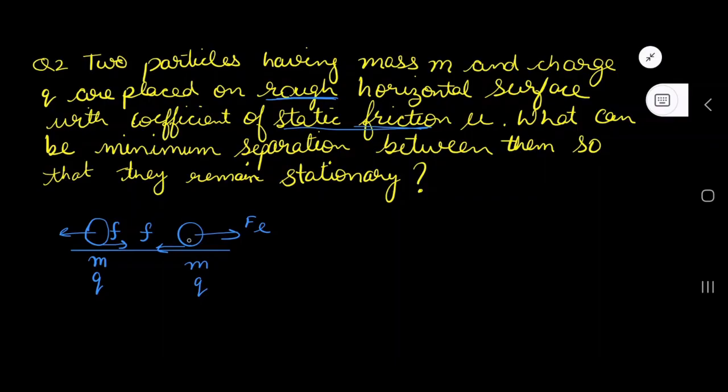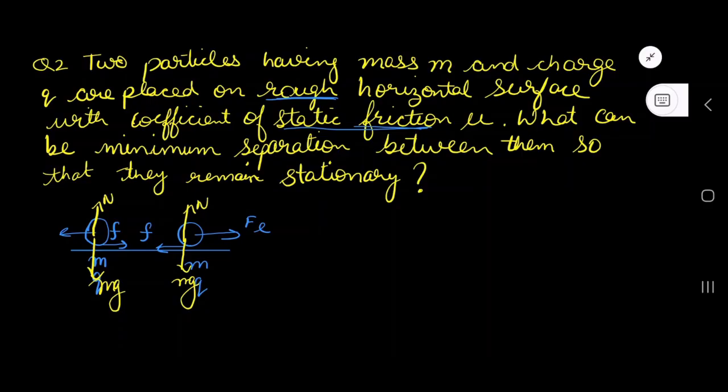So if I see that weight is acting downwards on both the bodies, here also mg, and normal reaction is upwards, so I'm drawing normal reaction upwards. We know that since the vertical forces are balancing each other, that normal reaction is balancing the weight, so there will be no vertical force in this direction.